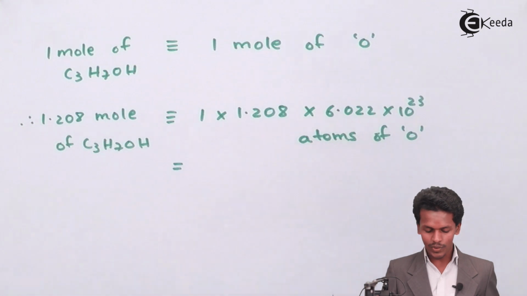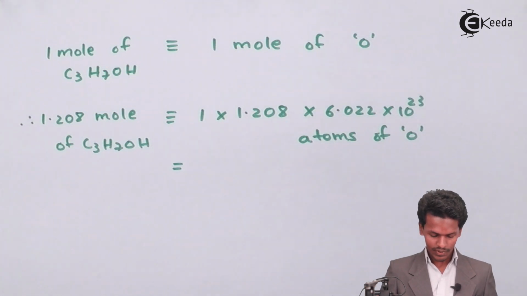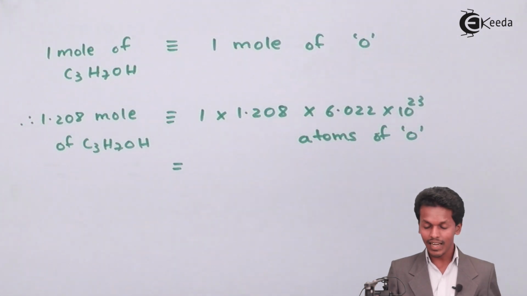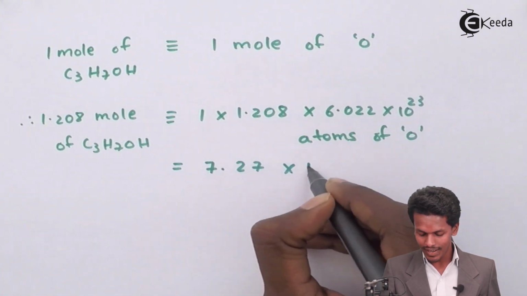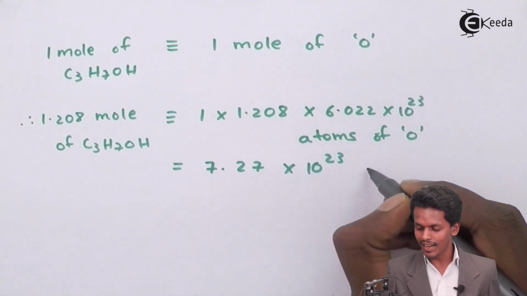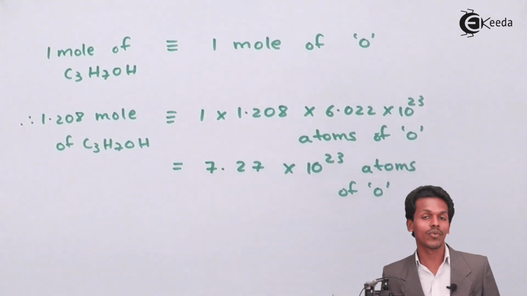This is easy to calculate, and the result we get is 7.27 into 10 raised to 23 atoms of oxygen.